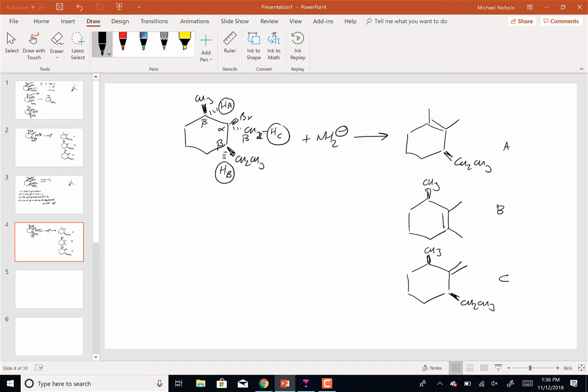What we know is that in a 1-2 system, if the bromine is axial, then the 2 hydrogens will have to be axial. And so whatever energy it takes for the molecule to go in that position, that's what it will do. But the critical thing is only hydrogens that are trans to the leaving group can become axial. So that's why we don't even have to mess with it anymore.